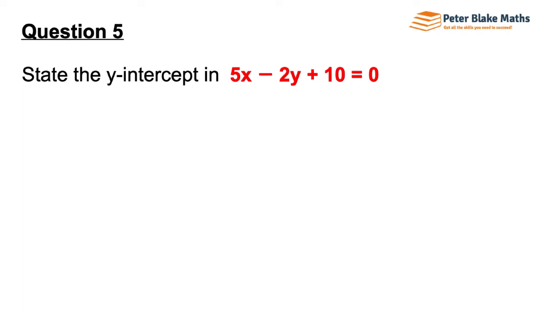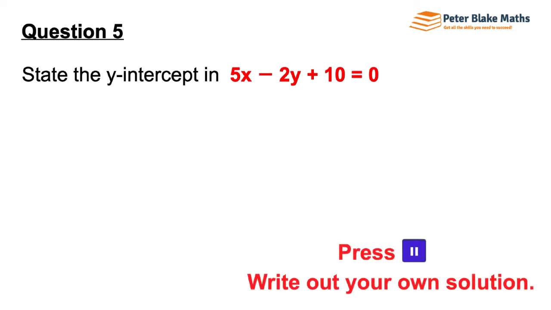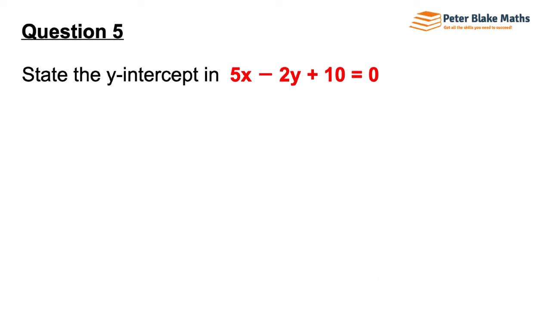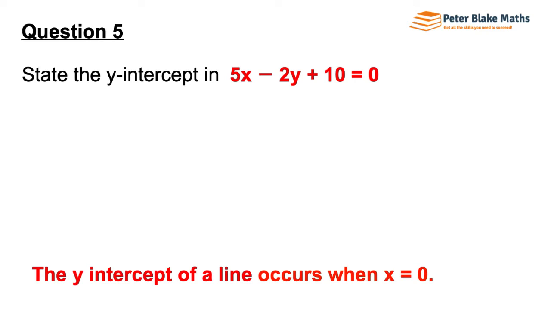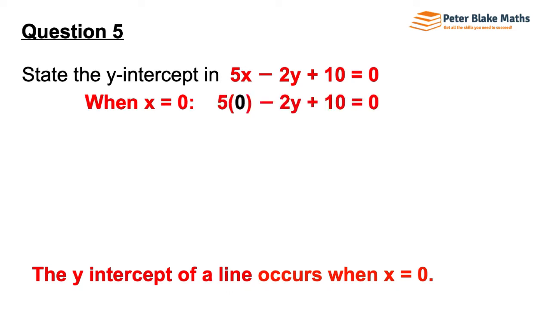Question 5. State the y-intercept in 5x minus 2y plus 10 equals 0. The y-intercept of a line occurs when x equals 0. When x equals 0, we substitute 0 in wherever there's an x. 5 times 0 makes 0, so that just leaves us with minus 2y plus 10 equals 0.